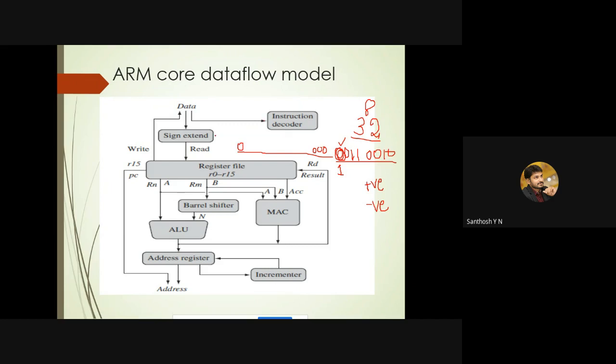That is the work done by the sign extension block. And if the MSB was 1, I have to fill the 9th position by 1, 10th position by 1, 11th position by 1, until the 31st position, I have to fill only 1. So I'm extending my sign bit, in order to keep the status whether the number is positive or negative. That extension of the sign is done by the sign extension block.